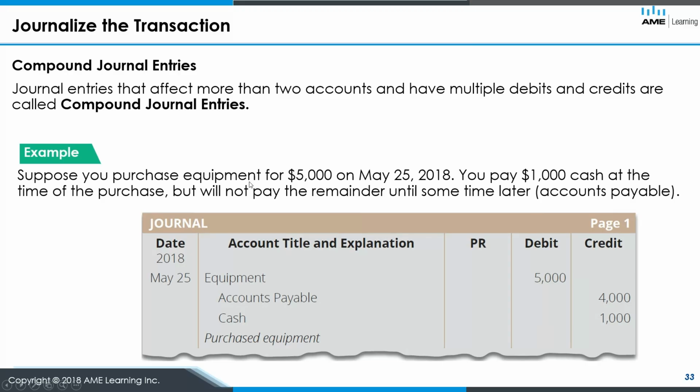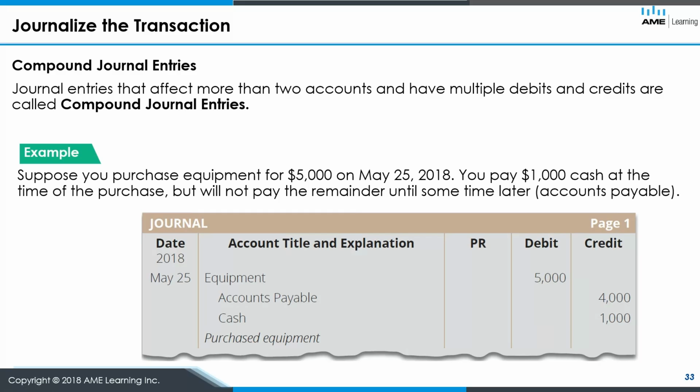So equipment is an asset, so it's going to be debited to be increased. So here we're going to put that equipment as our debit for $5,000. We paid cash, so that's a decrease to an asset. And the DEAD circle tells us that assets increase with a debit. So by that logic, they also decrease with a credit. So you see the cash being credited here. And then we know that we have a new liability.